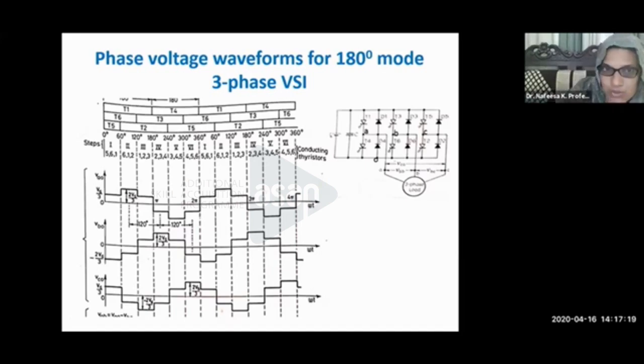So the 2 top thyristors T1 and T5 are connected to the positive side of this DC side, and the negative side of the DC side is connected with the bottom thyristor T6. T6 means that is D. T1 and T5 are A and C.